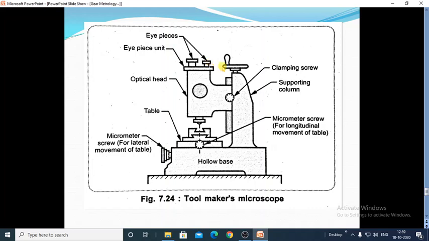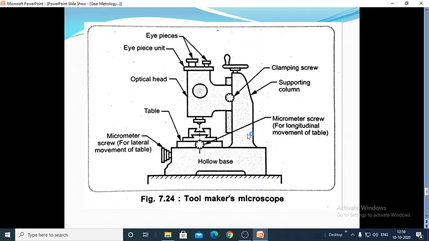Light from the lamp falls on the mirror or reflector, then from the reflector to the gear, and from the gear to the screen, so it can be viewed from the eyepiece. In such a way, gear measurement can be done.